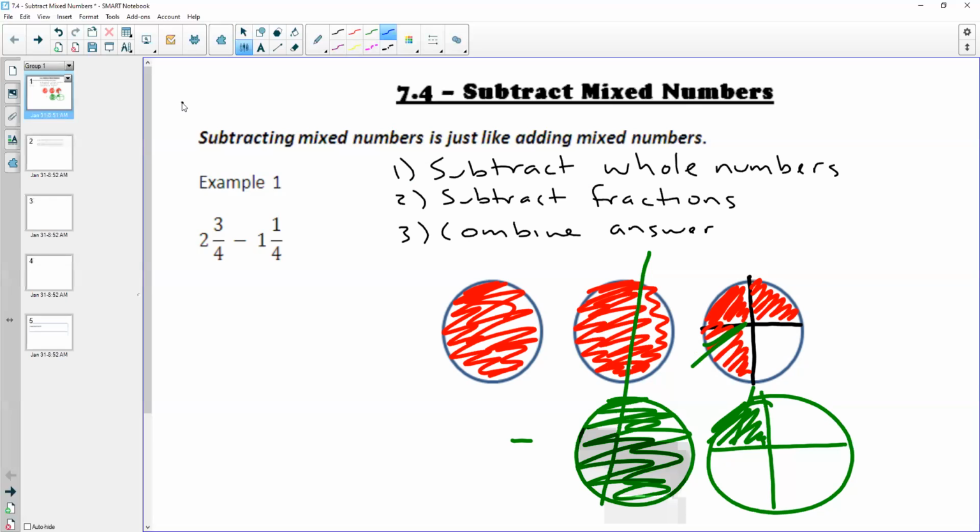So then we will be left with 1 whole and 2/4, which is equal to 1 and 1/2.